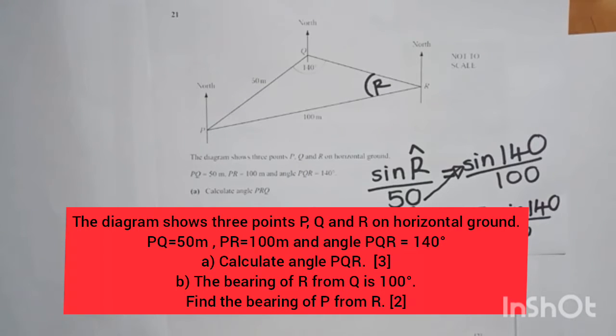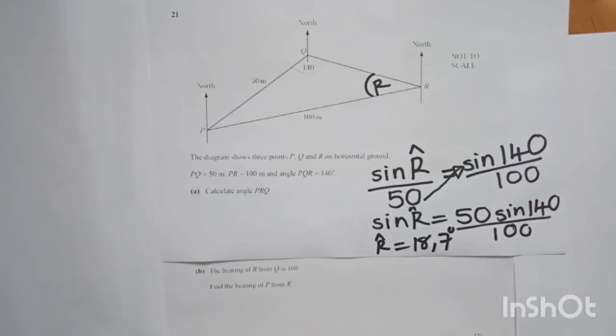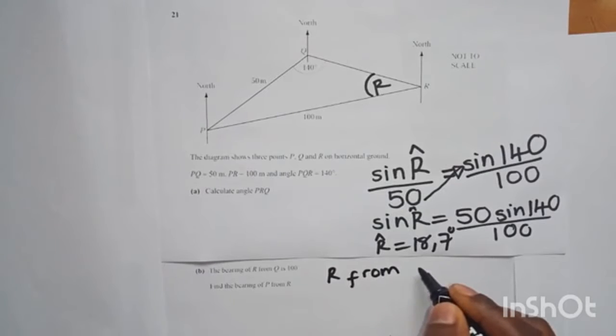Right, so if you are following in part 2 of bearing, I told you that before you calculate P from R, you need to sketch 100 degrees first on your diagram. Right, so you need to understand that R from Q is the same as Q to R, which is 100.